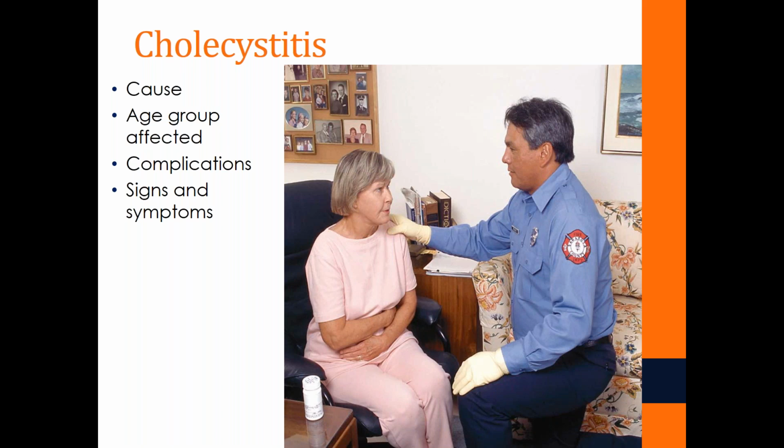Our GI bleed patient is generally somewhere between the ages of 40 and 70. Like I said, the causes can be just about anything. It can be something as simple as having a small bowel obstruction or something like that that causes the intestinal wall to break down.